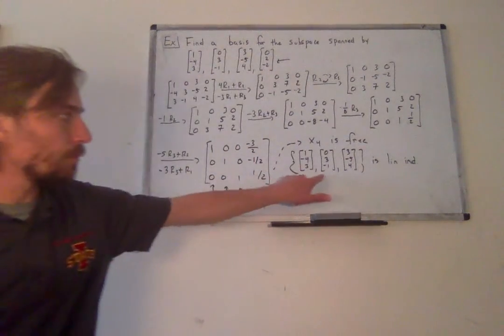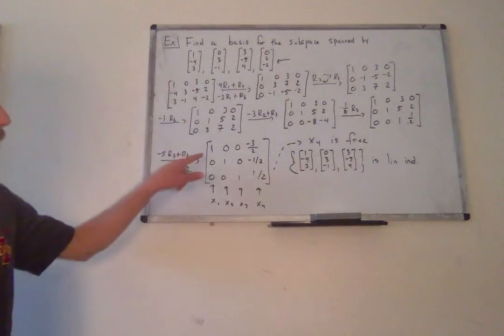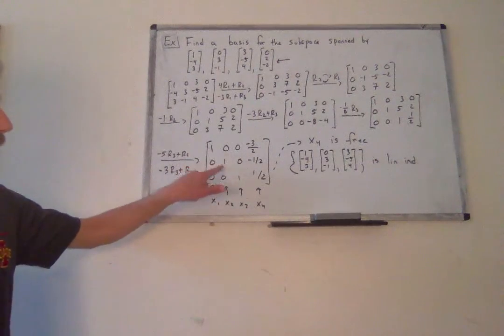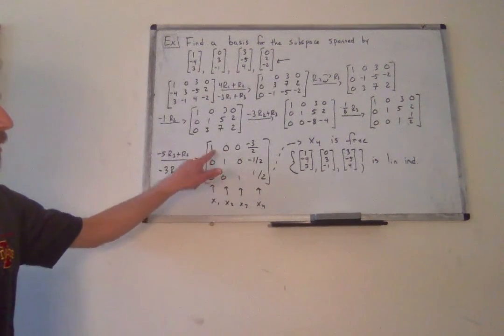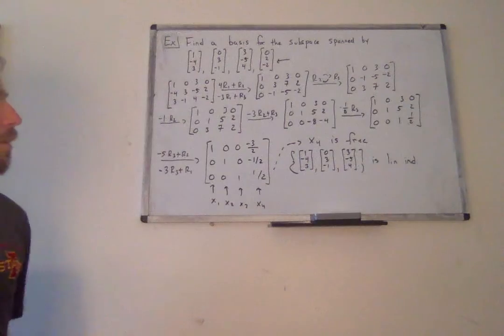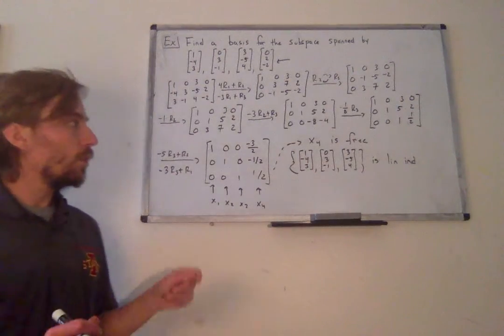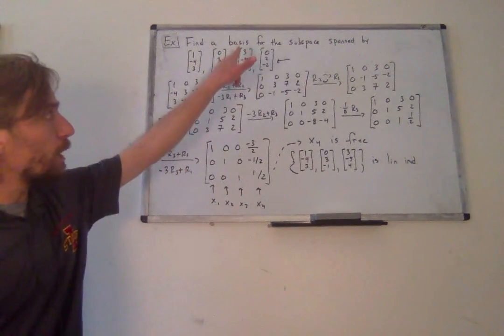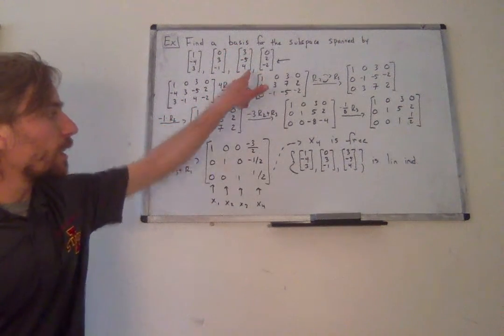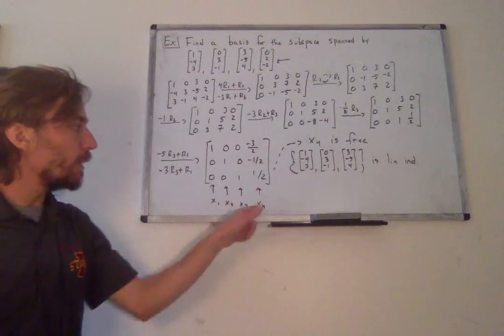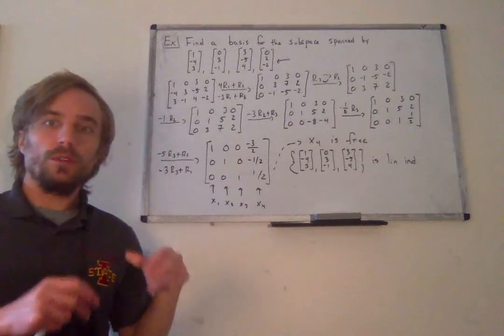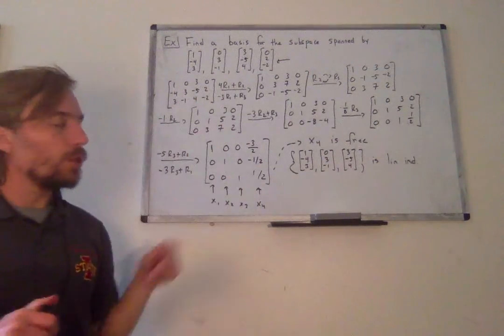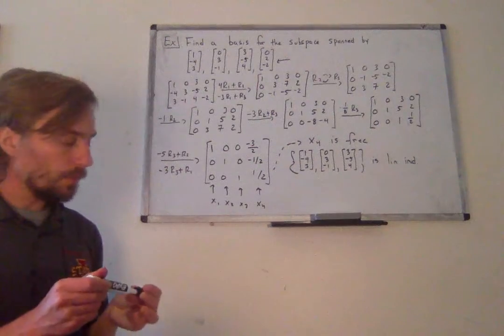And we know that the subspace spanned by this set is R3 because there are 3 pivots, or 3 pivot rows. And so the subspace spanned by this set is R3, and I can find a basis by just removing the vector which corresponds to a free variable.